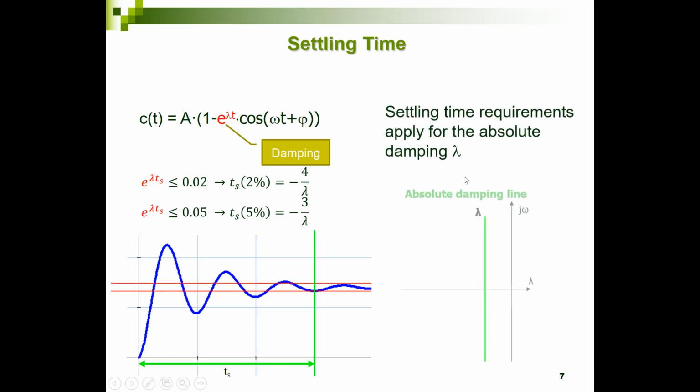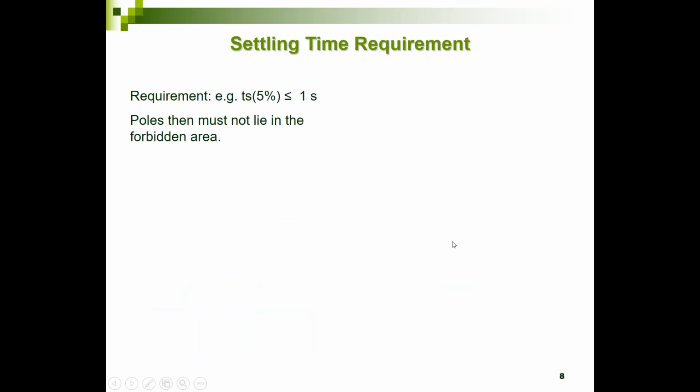So when we want to make requirements to that settling time, we have to make requirements to that lambda. And when we plot again the S plane with the lambda, the real part over here, and the j omega, so the imaginary part of the pole over here, we see that all poles which are lying on the same lambda line have the same settling time.